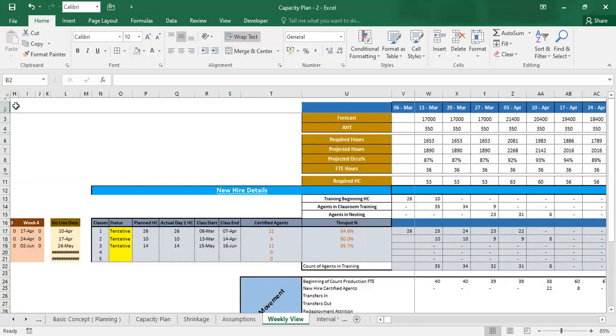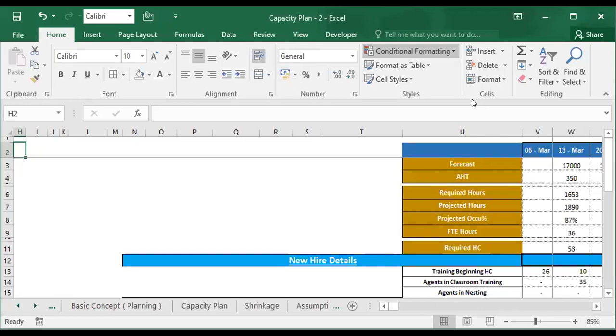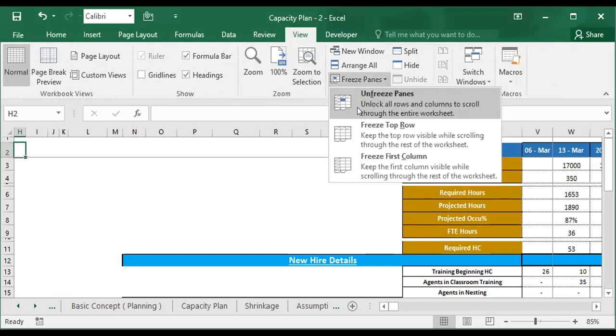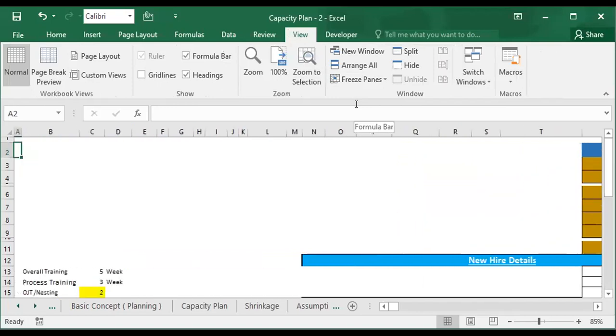I don't know why it is not unhiding. I think it is frozen. Yes, I hope so. Yes, Chandra. First unfreeze, then unhide. Yeah, now it's working. Thank you.